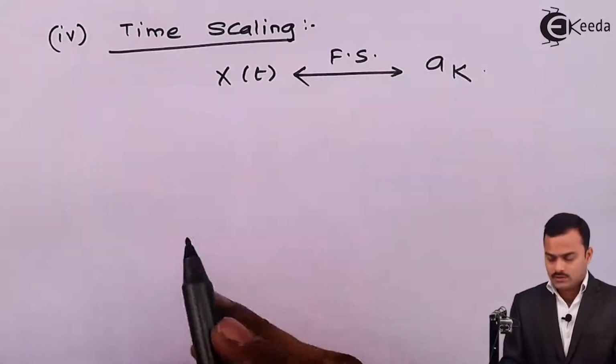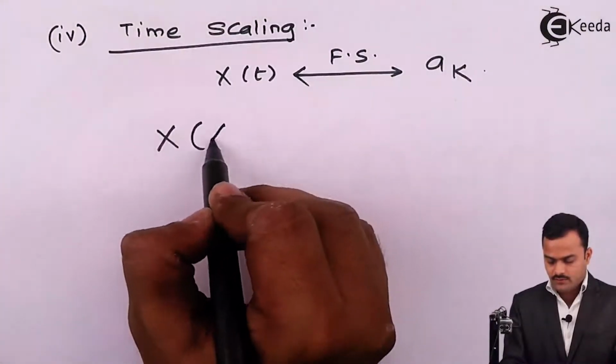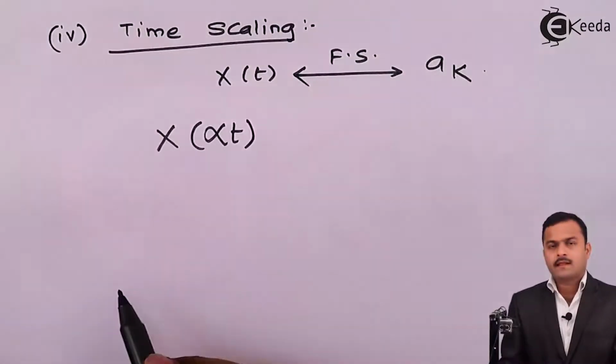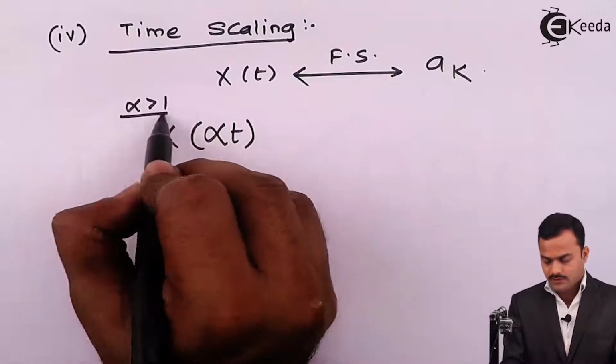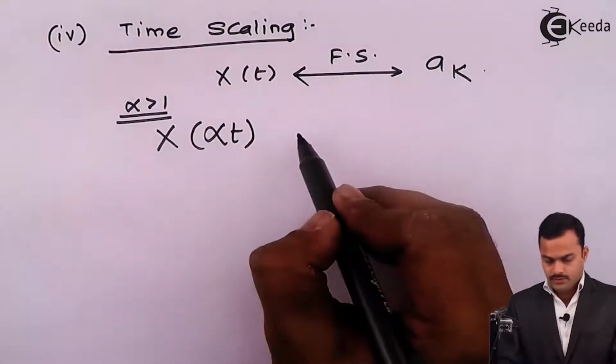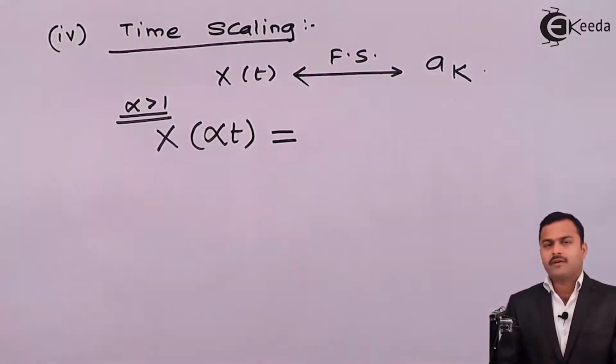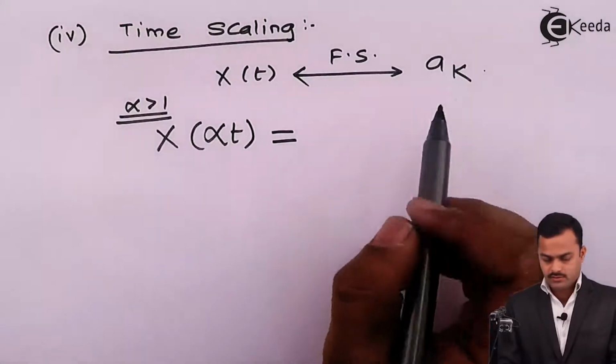Now we need to find out, if I have a signal x of alpha t, and I am considering alpha greater than 1, what will be the effect on the Fourier series coefficient.